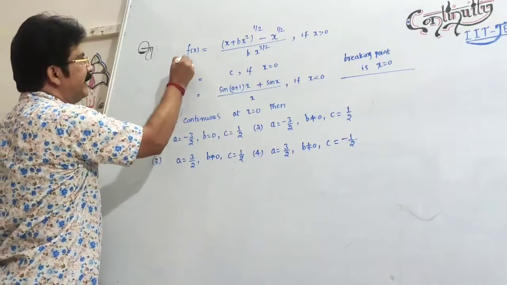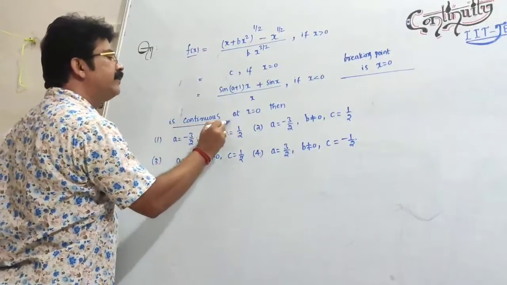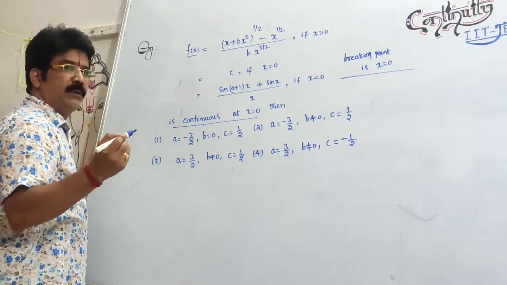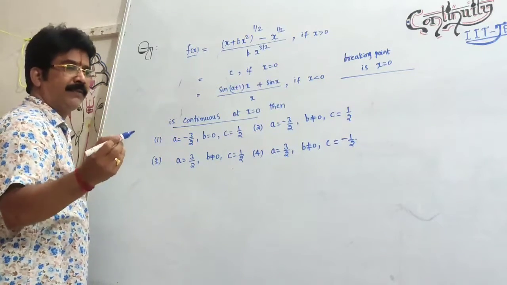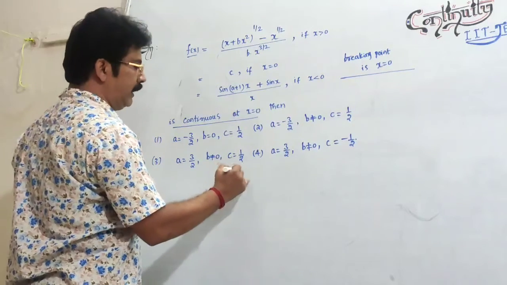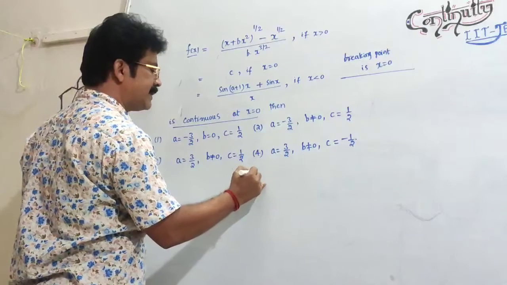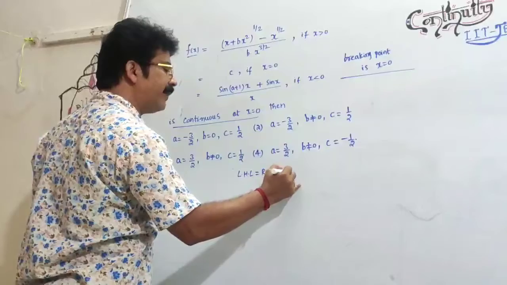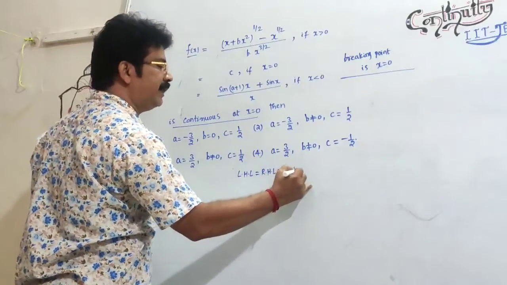So already it is said that f of x is continuous at x equal to 0. So therefore, LHL equal to RHL equal to f of 0. F of 0 is what?